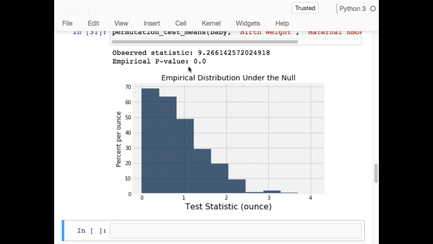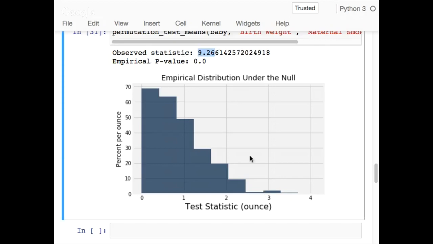All right, so we look at this distribution, and we're like, if my null hypothesis were true and smoking did not affect the weight in any way, then I would expect to see differences of around 1, 2, maybe 3 sometimes, but never 9.26. That's really far out, right?